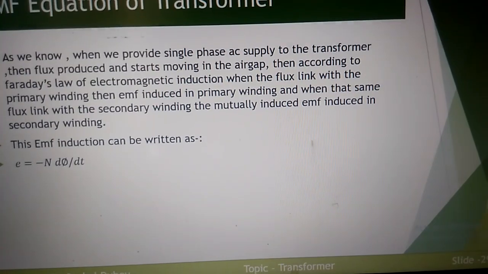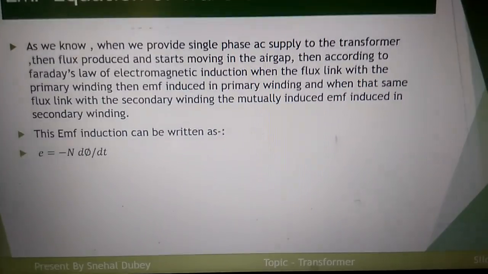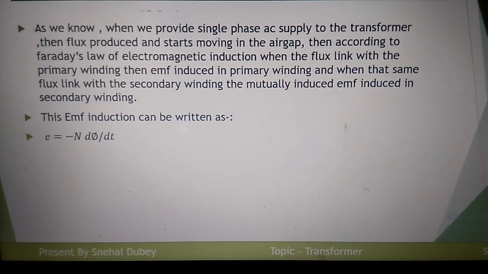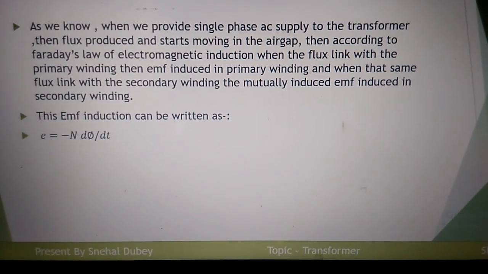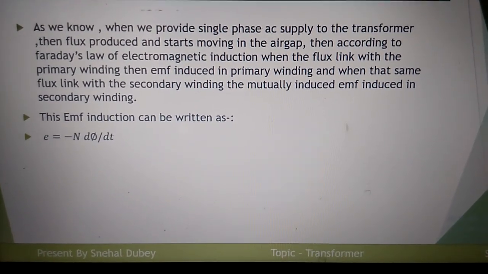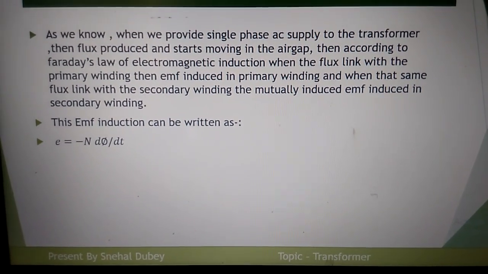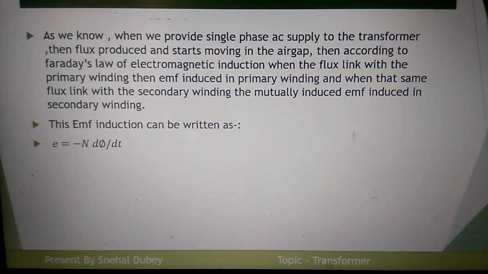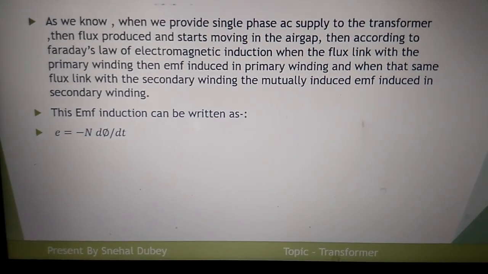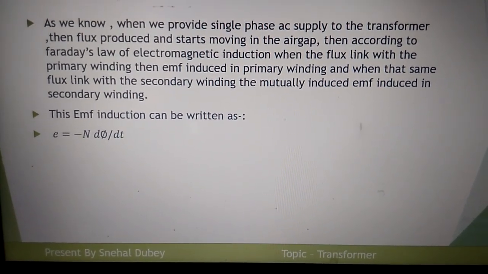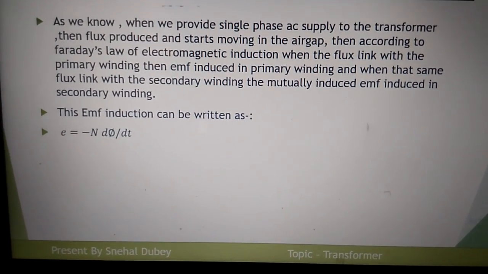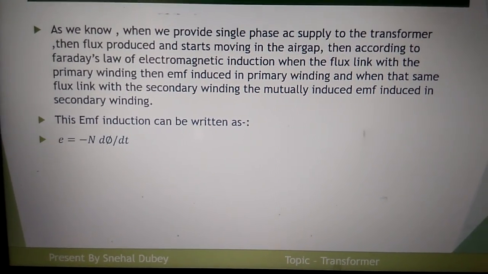According to Faraday's law, it is d phi by dt. But N stands for the number of turns in the primary and secondary winding, and the minus sign comes according to Lenz's law. Lenz proved that the EMF induced on the primary side, that is E1, opposes the cause of its production.